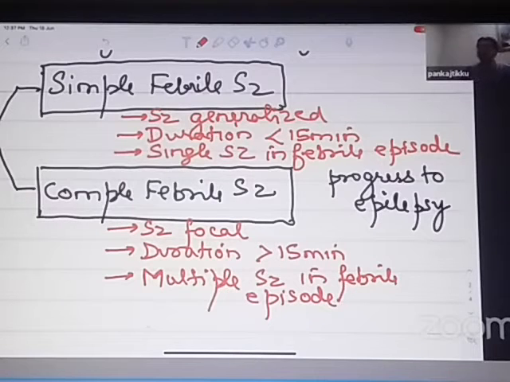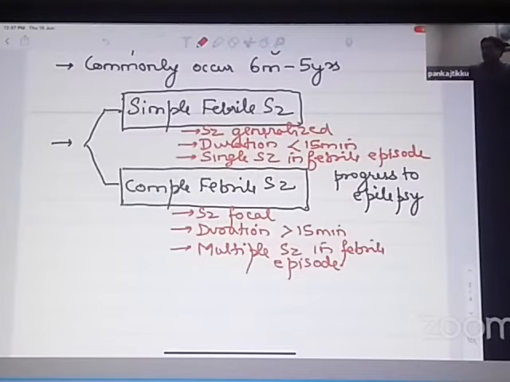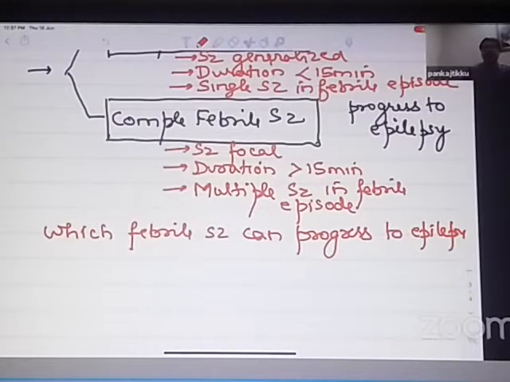So complex febrile seizures can progress. So which febrile seizures can progress to epilepsies? I just now told you one febrile seizure that can definitely progress to epilepsies, is a complex febrile seizure.